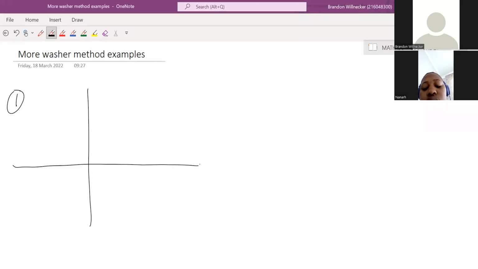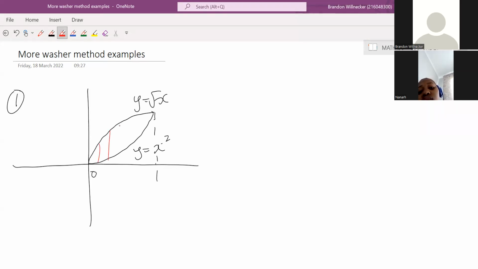We've got the function root x and the function x squared, so that looks like that. On the top, we have y equals root x, and at the bottom, we have y equals x squared. And we know that they intersect at 1, 1. So we're going from 0 to 1. This is the area that we're interested in.